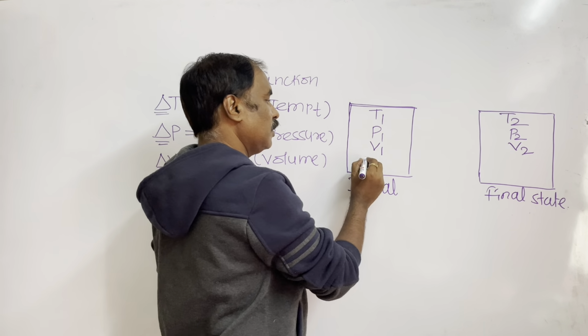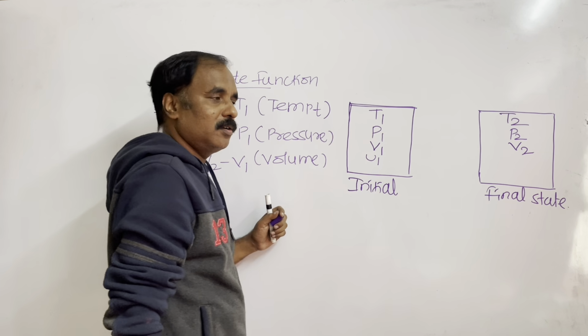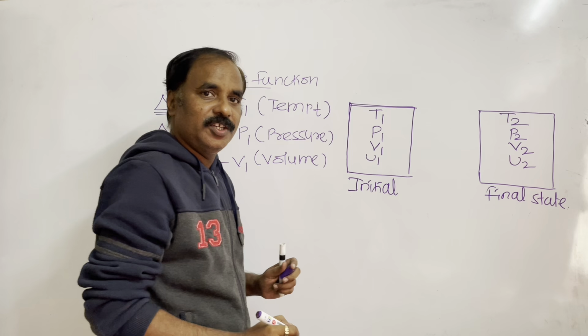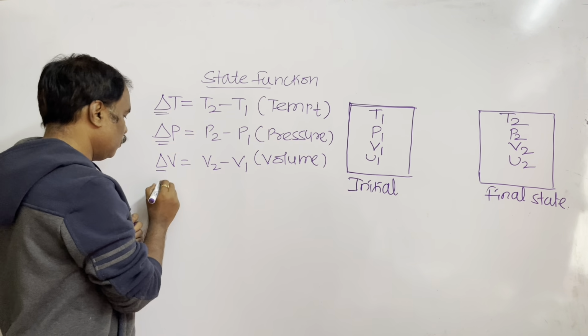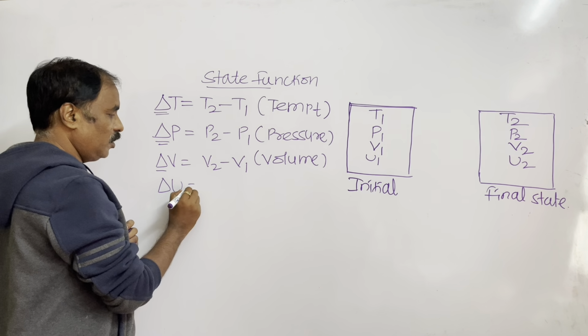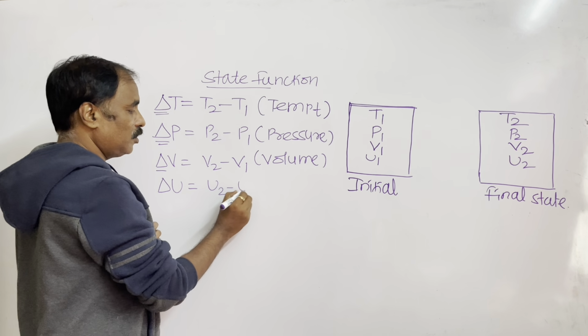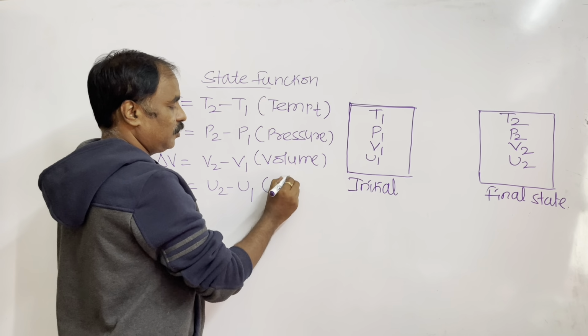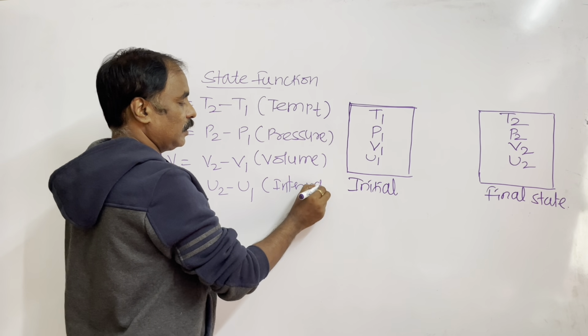Internal energy U1, here it is U2. So what is change in internal energy? Delta U is equal to what? U2 minus U1, and it is state function. This is internal energy.